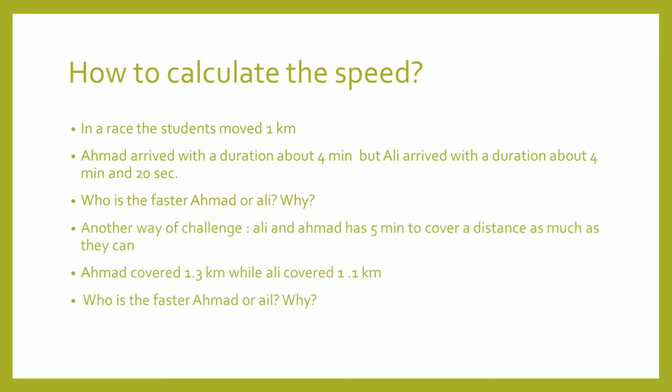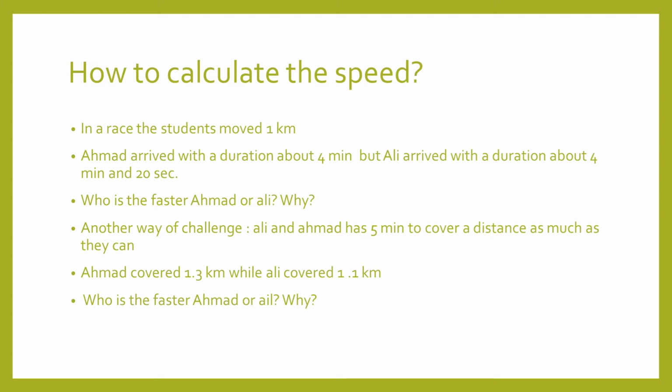So another way of challenge. Ali and Ahmad have 5 minutes to cover a distance as much as they can. They start the race. Ahmad covered 1.3 kilometer in 5 minutes, while Ali covered 1.1 kilometer in the 5 minutes. So who is the fastest?